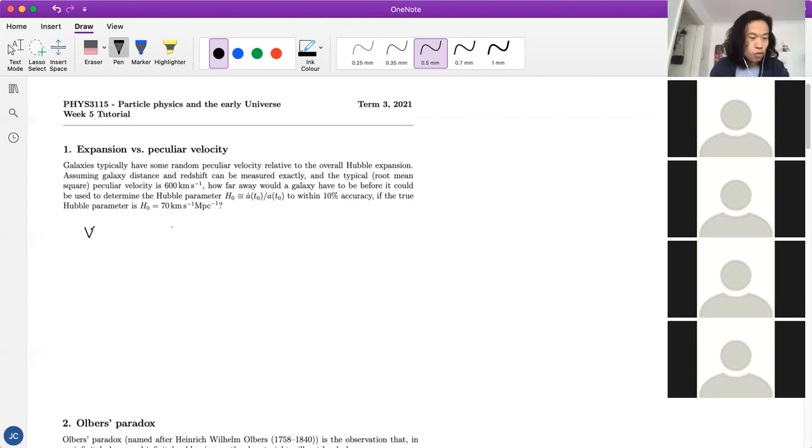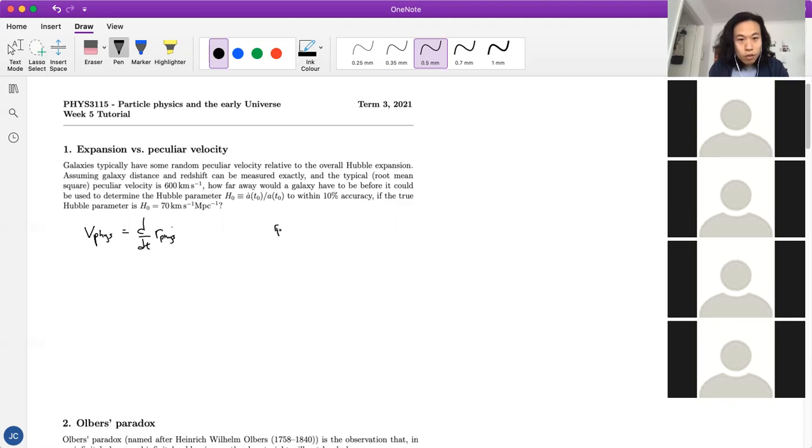Okay, so for this one, you just start by defining the physical velocity, because that's what you'll be measuring. So if you measure a galaxy in a galaxy survey, you're not going to know which velocity is which. You're just going to measure one velocity, and that's the actual physical velocity it's moving at. And this one is defined as just the time derivative of the physical spatial coordinate.